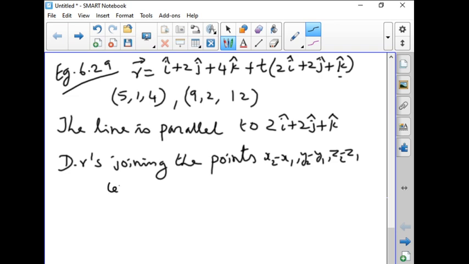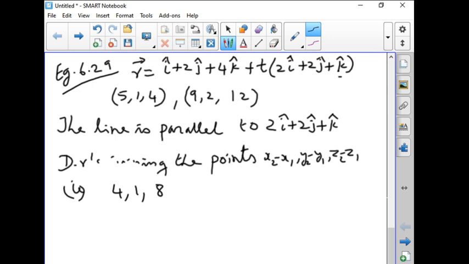So, what do we have? 9 minus 5 is 4. 2 minus 1 is 1. 12 minus 4 is 8. So, 4, 1, 8 are the direction ratios.